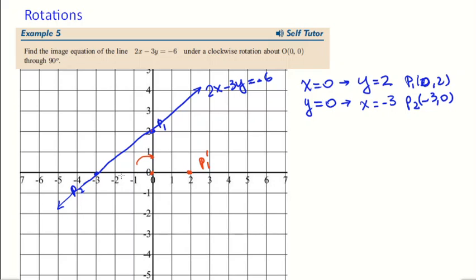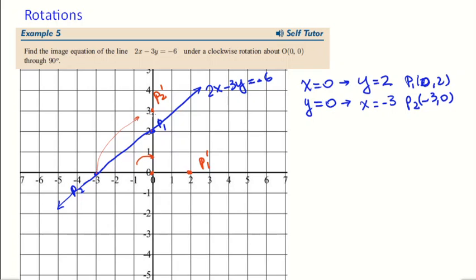Good. Now, for the next point, this was our P2, which lay on this point 3. If it has been rotated 90 degrees clockwise, it would go this way, and it would now lie here. So this point would be our P2 prime. And we should be able now to draw a line connecting those 2 points.